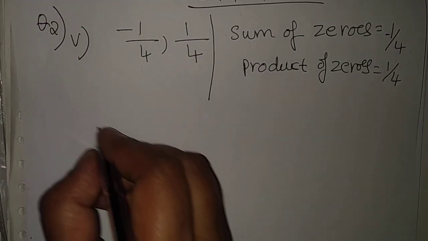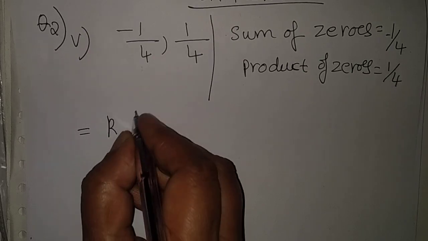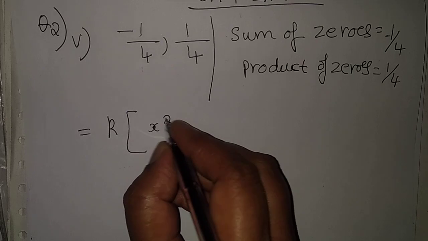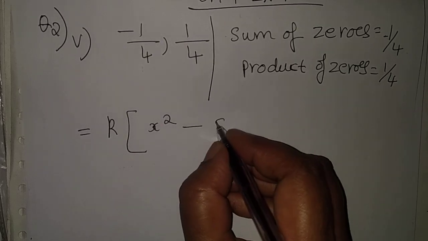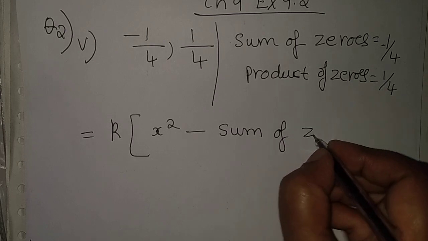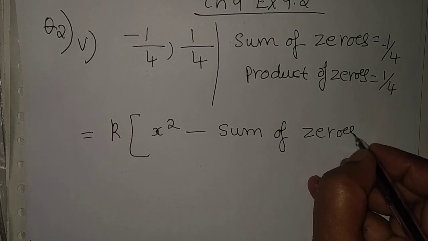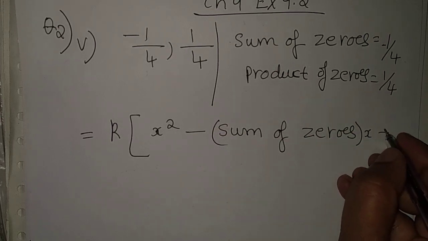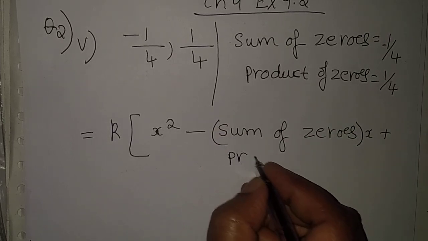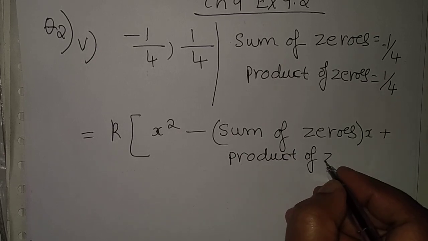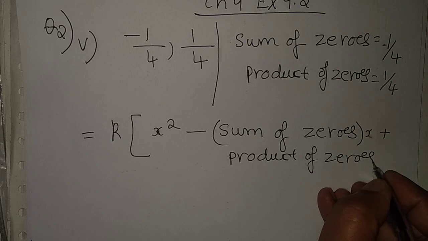Then substitute in x square minus sum of zeros into x plus product of zeros.